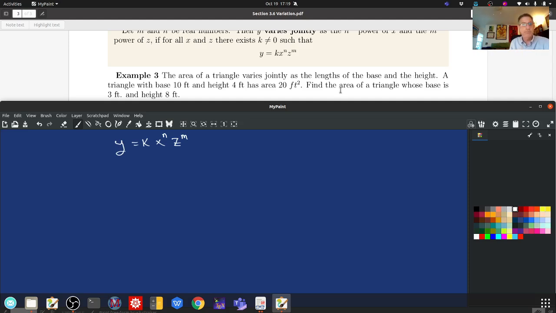So guess what? A triangle with base 10 feet and height 4 feet has area 20 feet squared. So in this case, y is triangle area.